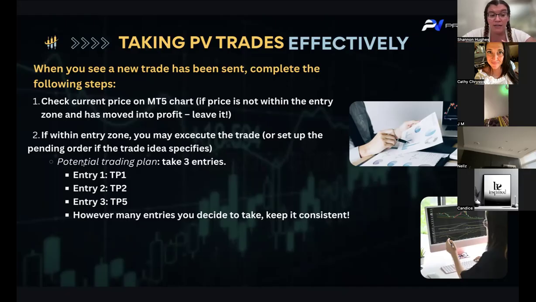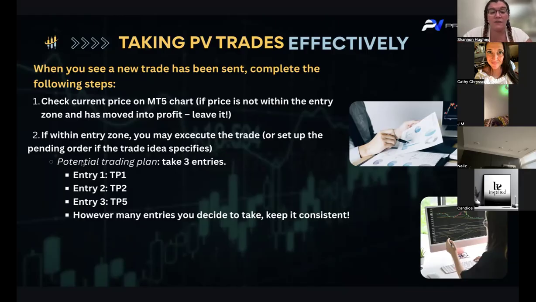My first entry, I'm going to set TP1, and the stop loss, of course, on all entries remain the same. The second entry, I'm going to set at TP2. And the third entry, I'm going to set at TP5.